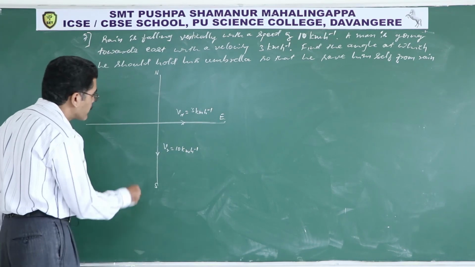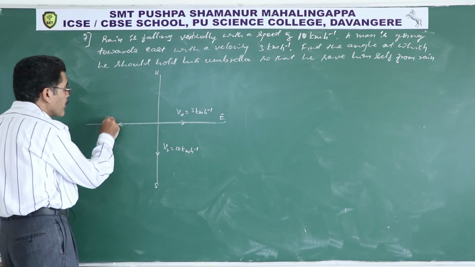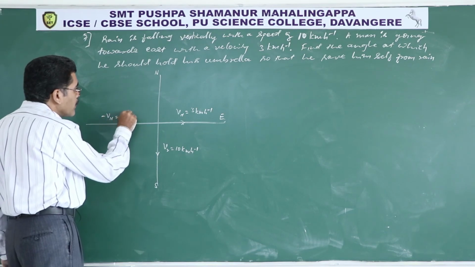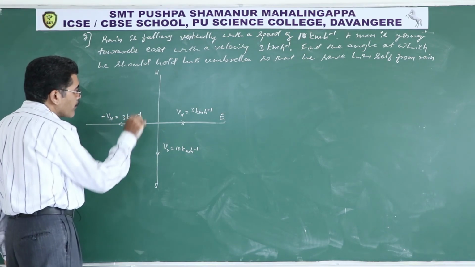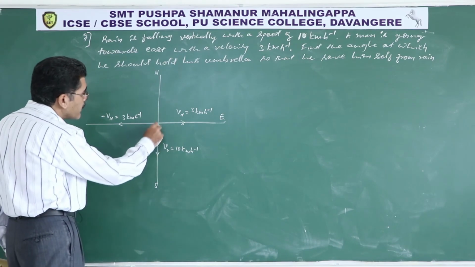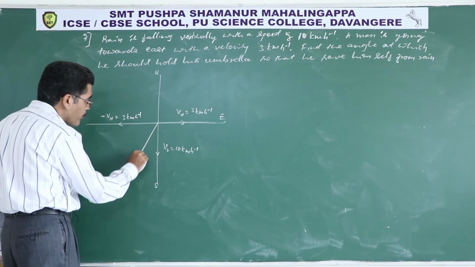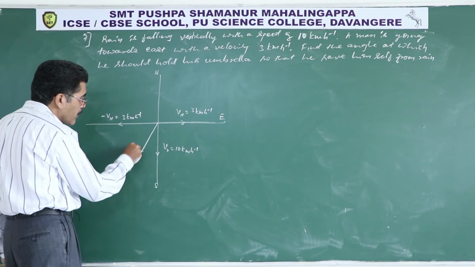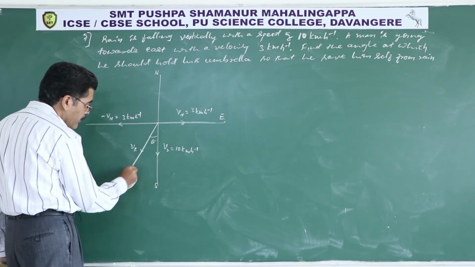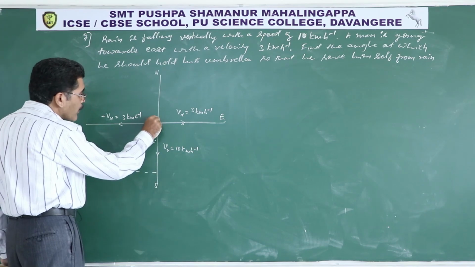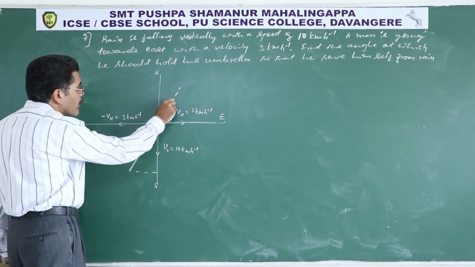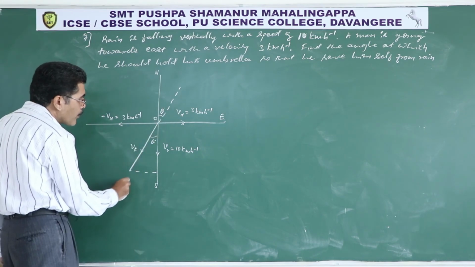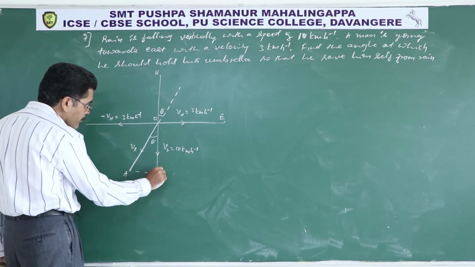So I just take this in the opposite direction: Vm is equal to minus Vm, 3 kilometers per hour. And this is the direction of the resultant Vr. Let me take this angle as theta.